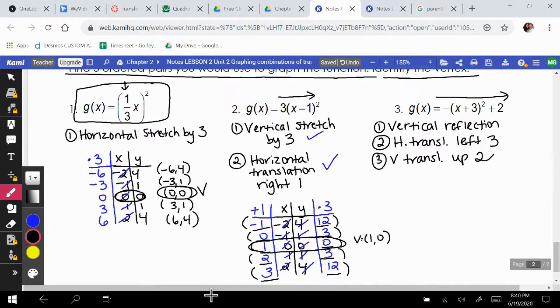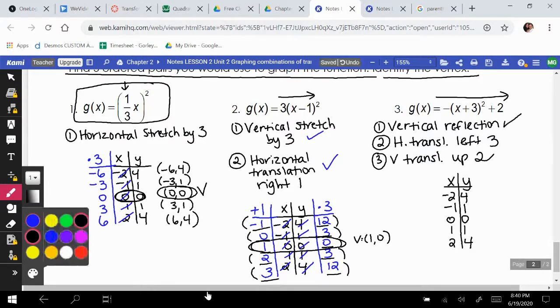Okay. To get my key points, I'm going to first write the parent points. Okay, and I'm going to transform them. For the vertical reflection, I'm going to multiply the y values by negative 1.